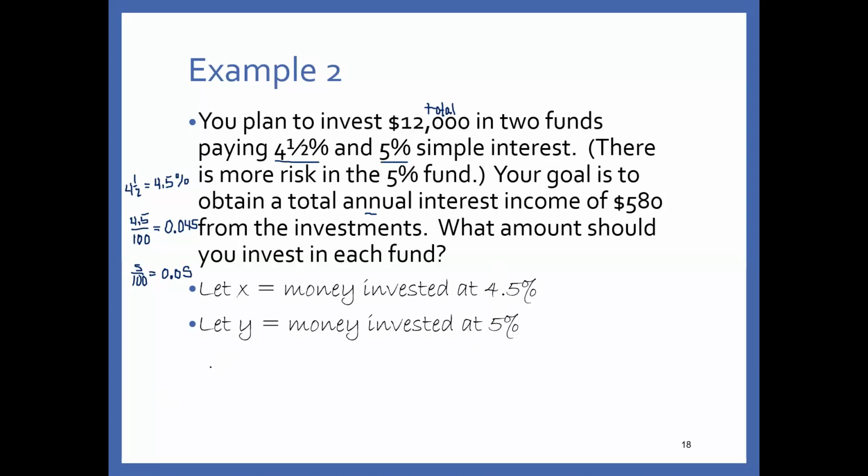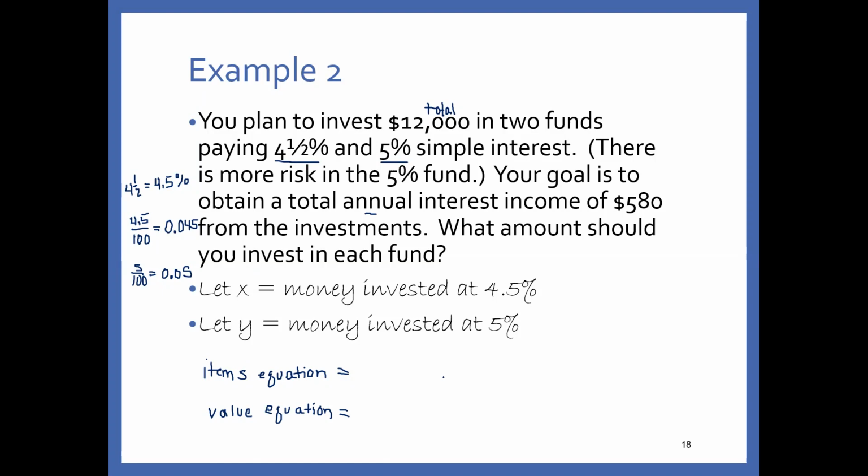Now, we talked about in our pre-lecture that we need an items equation and we need a value equation. So the items that we have here are dollars, and we know that we have $12,000. We're all thinking, I wish. We know that we have $12,000 to invest.